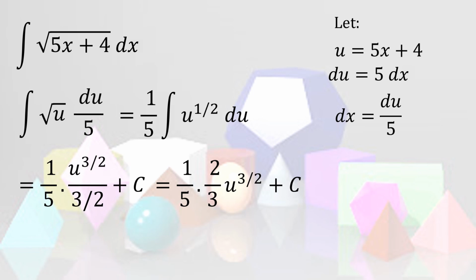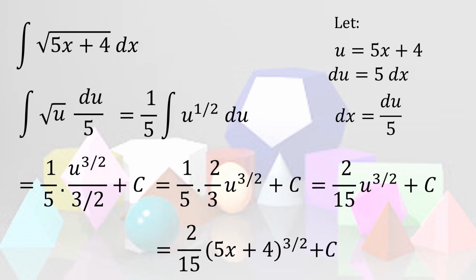So 1 times 2 is 2, 5 times 3 is 15. So we will be getting 2 over 15 u to the 3 over 2 plus c. And now for the final answer, we are going to substitute our u, which is equal to 5x plus 4. So we have 2 over 15 times the quantity 5x plus 4 raised to 3 over 2 plus c.